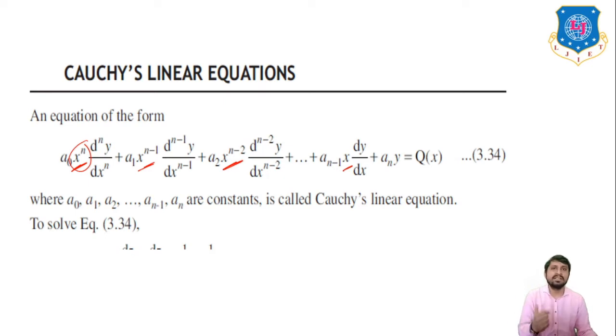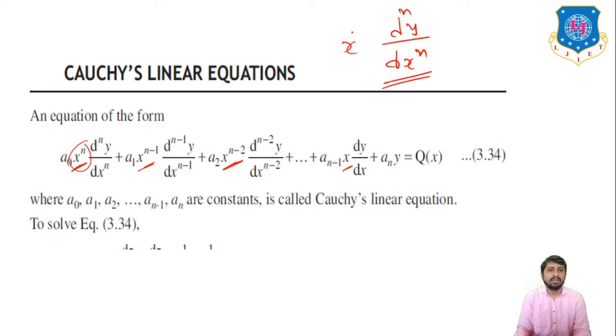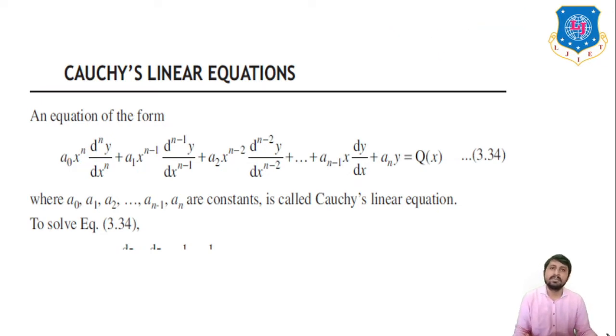But here, in the term with the nth derivative, d^n y by dx^n, the nth differentiation is multiplied with x raised to n. Similarly, d^(n-1) y by dx^(n-1) is multiplied with x raised to n minus 1. That is the difference between the two.